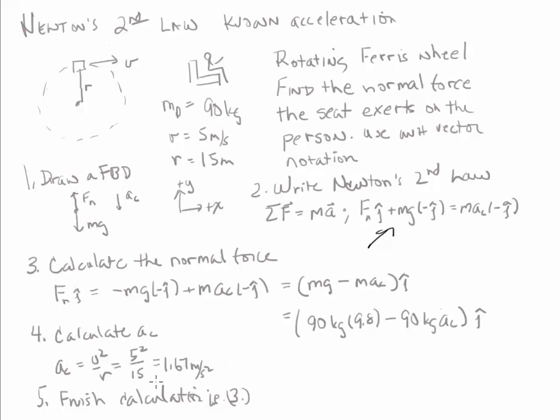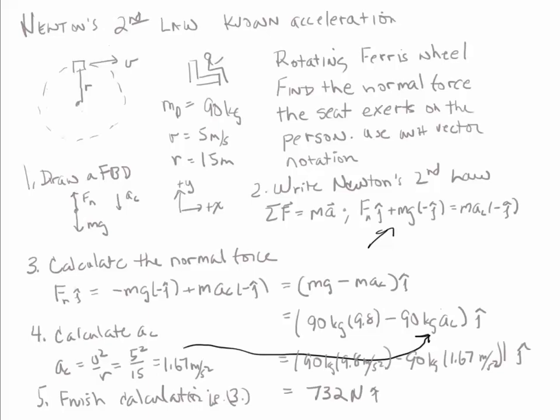Now let's finish the calculation because we've got to take this number here, and we of course want to just put it into a_c over here. And we come up with 732 newtons. And you can compare this to the actual weight of a person, which is just mg, which is going to be close to 900 newtons.